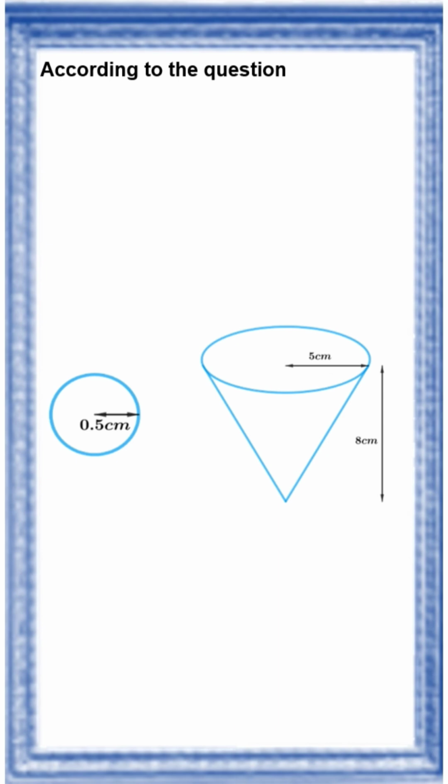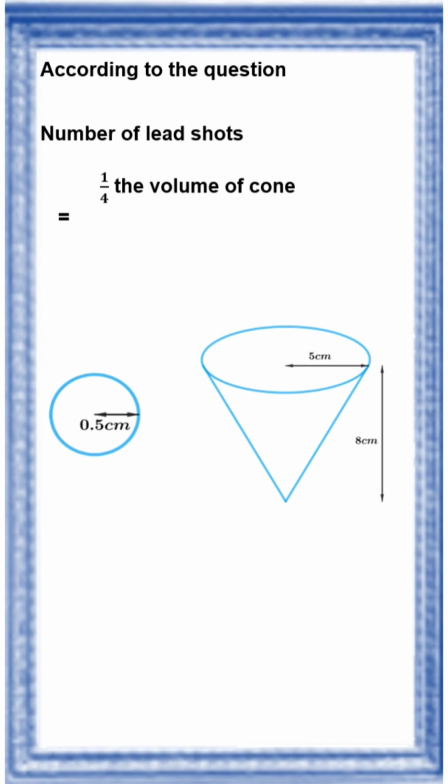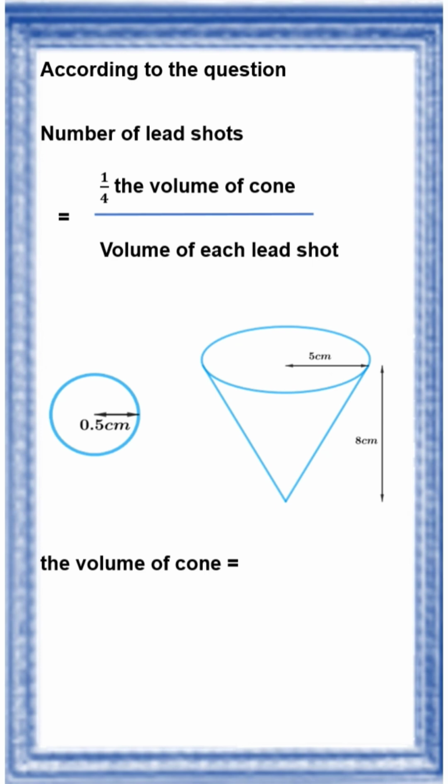So, according to the question, number of lead shots is equal to what? 1/4 the volume of water upon volume of each lead shot. Volume of cone, we know the formula for it. What is it? 1/3 pi r square h. Volume of sphere is 4/3 pi r cube.